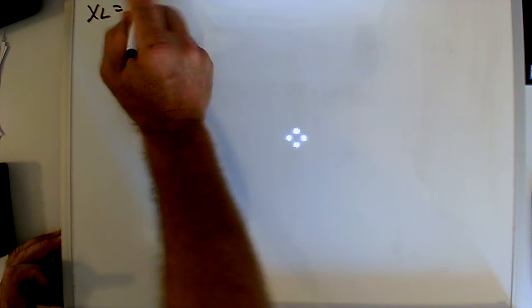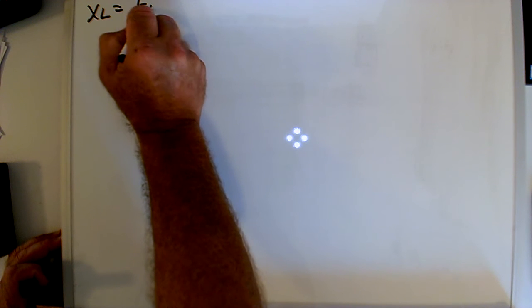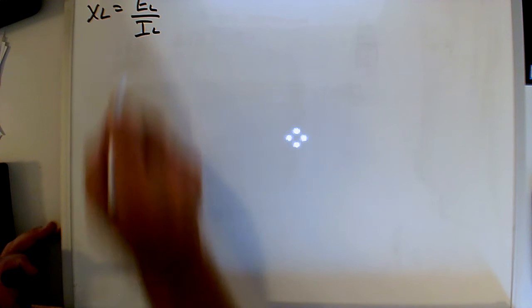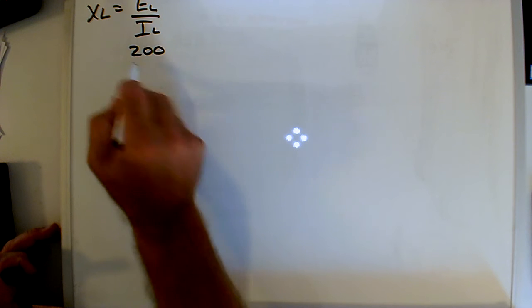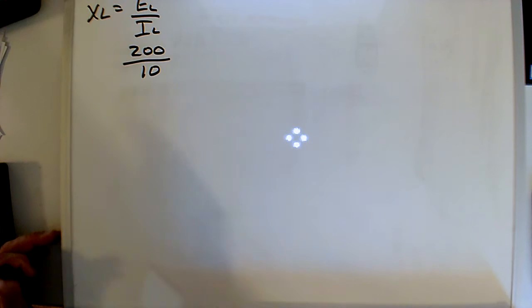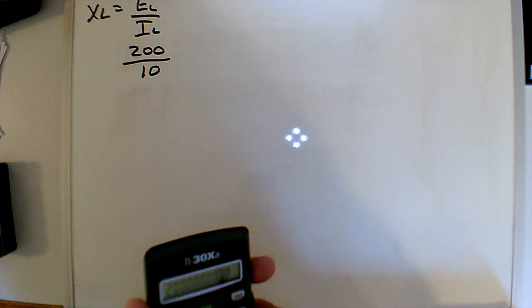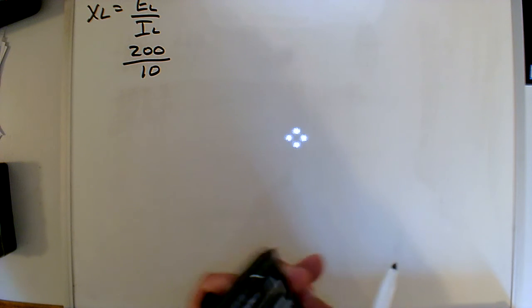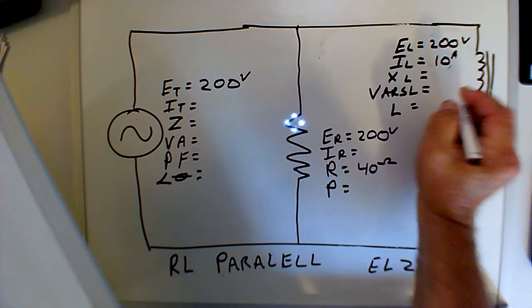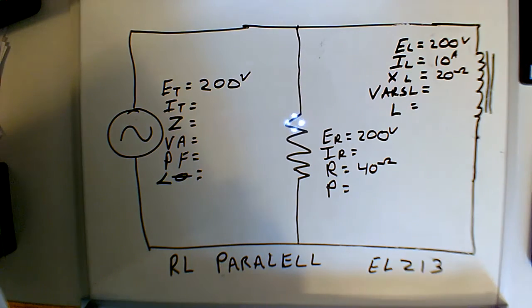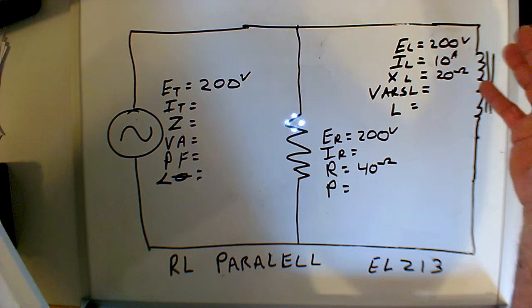If I lay this out here, XL is equal to EL divided by IL, and in this case it was 200 volts divided by 10 amps, and if I get my calculator out, 200 divided by 10 equals 20. So we know we have 20 ohms of resistance across this inductor. The inductor has 20 ohms of resistance.